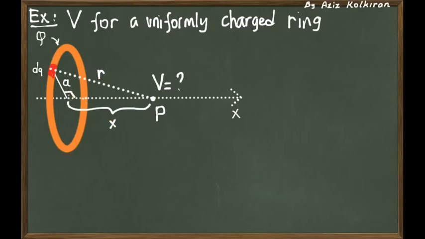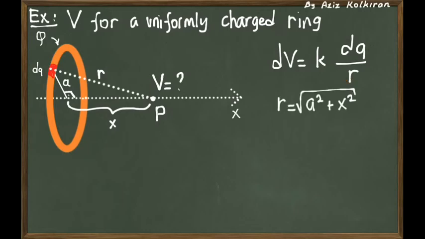Then we can easily express the potential of this charge dq at the point P. So it's just k times dq divided by r. And we can express r in terms of, as I said, a and x. r is equal to the square root of a squared plus x squared from the Pythagorean theorem.